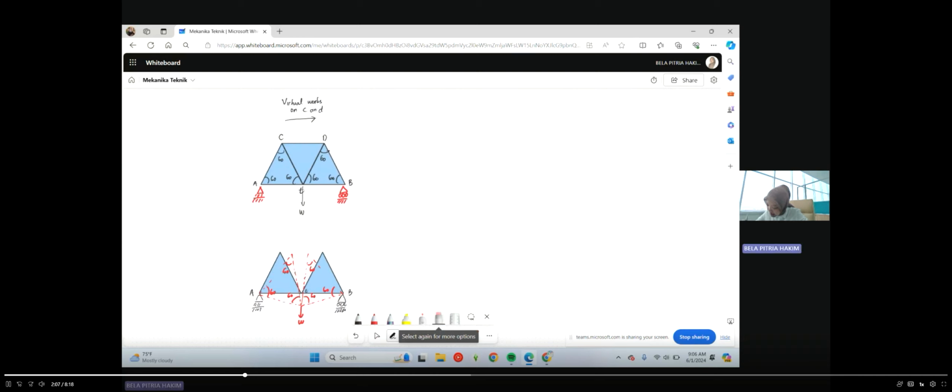After we pull by W here, there is a movement or displacement from C to D. We call it F_CD. Also here, C to the right, D to the left. Also we call it F_CD.